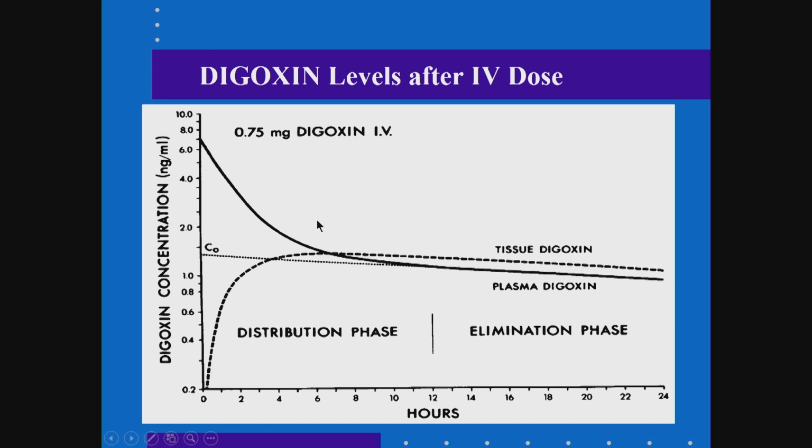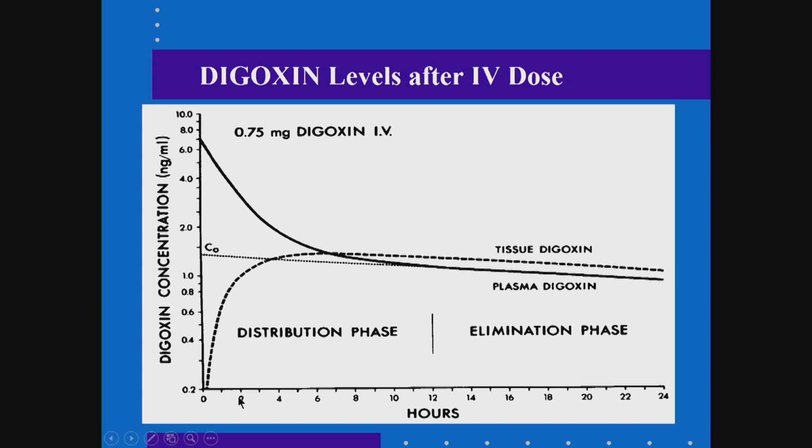This is a loading dose. And now we see that the plasma concentration versus time, plotted semi-logarithmically, declines in a bi-exponential fashion. We refer to this as the distribution phase, and then this terminal phase we call the elimination phase.